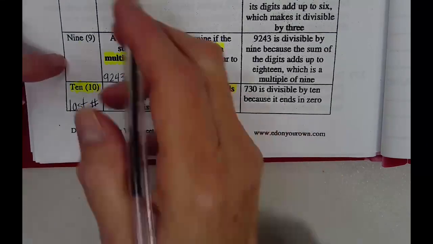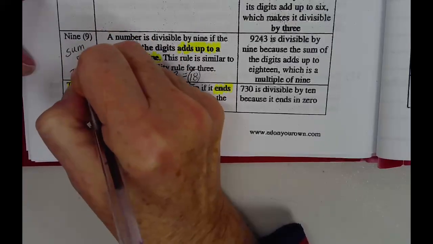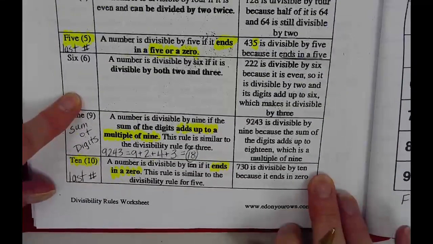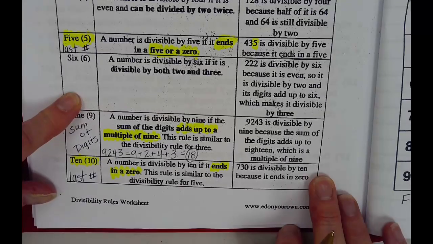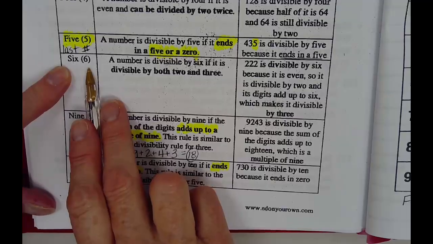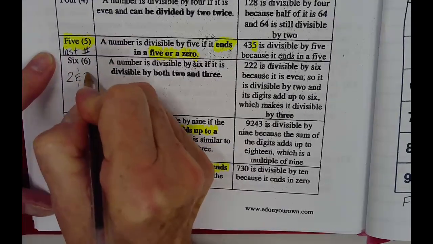All right, so this is also sum of digits. Now, 6. How do we get 6? What times what is 6 besides 1 times 6? 2 and 3.